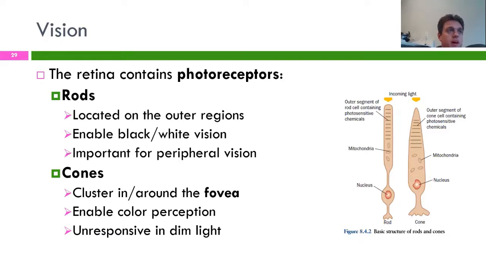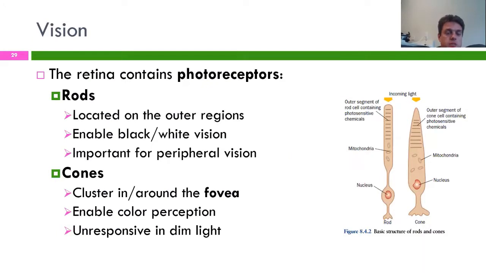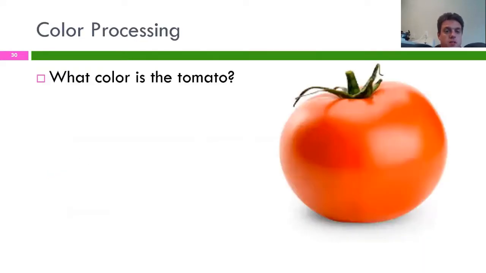So with that in mind, because the rods are more receptive to dim light, they can perceive things. Your peripheral vision is actually better for perceiving dim objects. Anyways, keep that in mind. There's the rods and the cones, and they each have different functions and specialties.